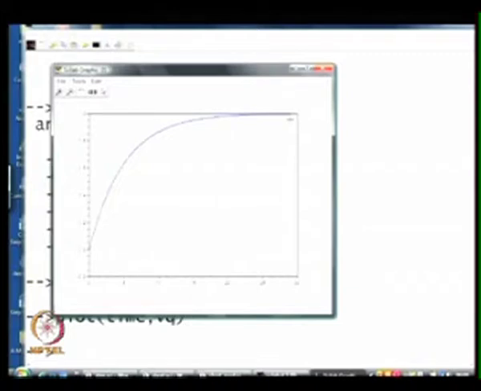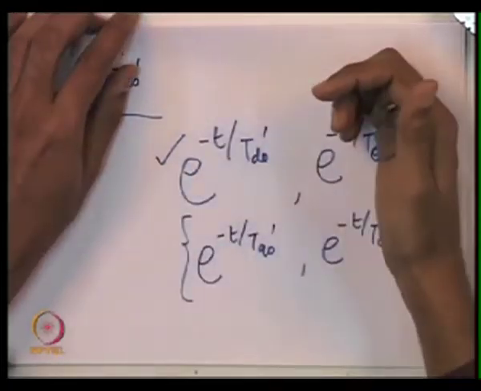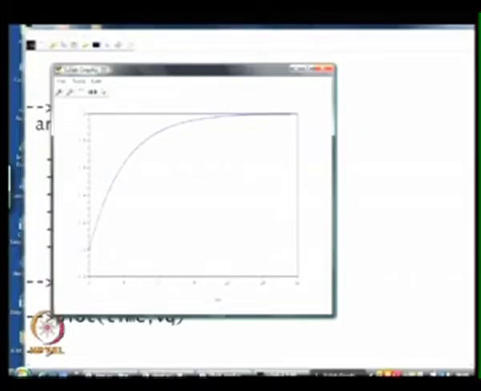The open circuit time constant of a machine can be very large. Here I have taken it to be 5 seconds. In fact, you can have open circuit time constants of the order of 10 seconds as well, in which case the settling time would be approximately 50 or 60 seconds. I have taken a time constant of 5, so 5 5s are 25.